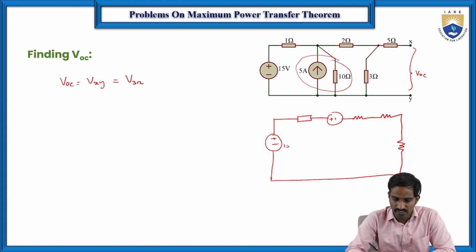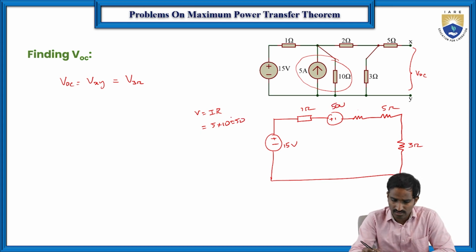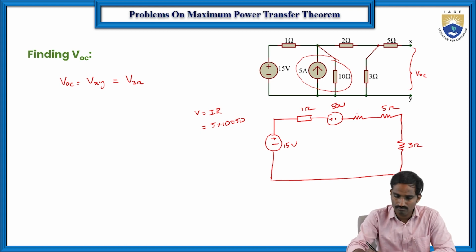So here it is 15 volts, here it is 1 ohm, here it is 5 ohms, and here it is 3 ohms, right? So this current source can be transformed using V is equal to I into R. Here I is 5 and R is 10, so it is 50 volts, and here again it is 10 ohms.